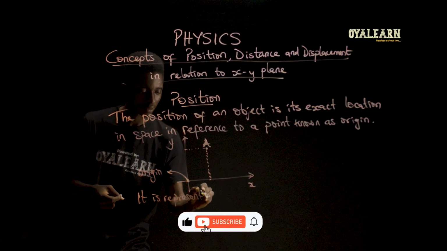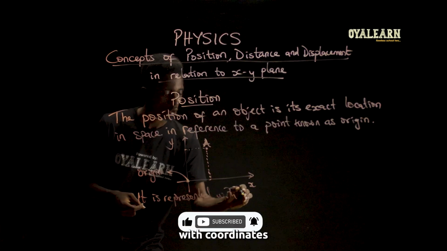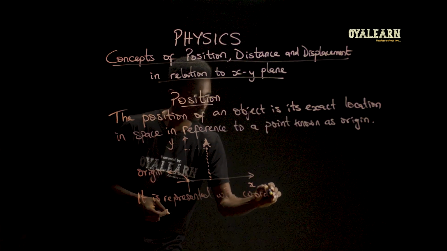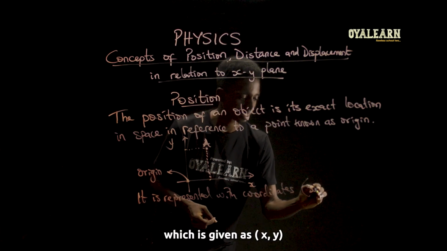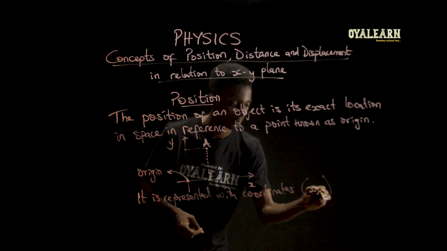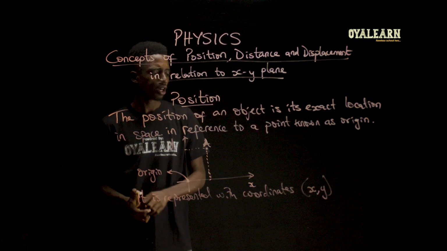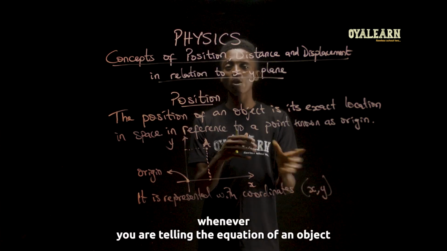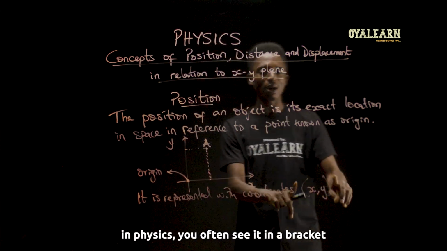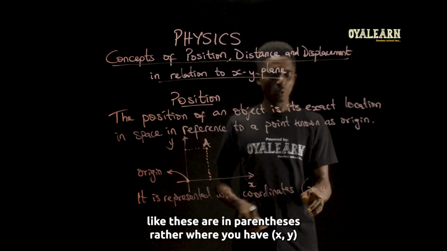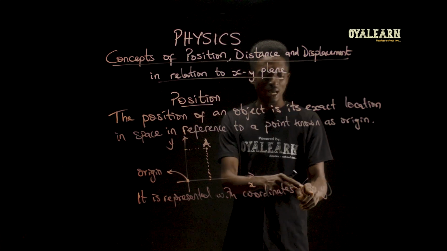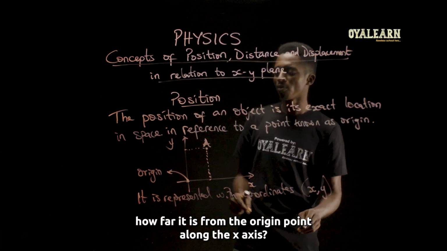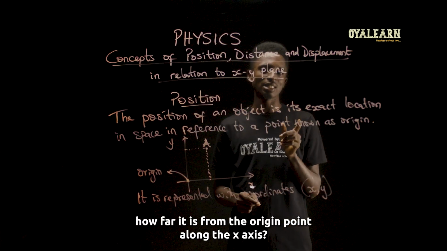Coordinates are given as x, y. Let me explain what this means. Whenever you are telling the position of an object in physics, you often see it in parentheses where you have x, y. Here, x tells us how far it is from the origin point along the x-axis.